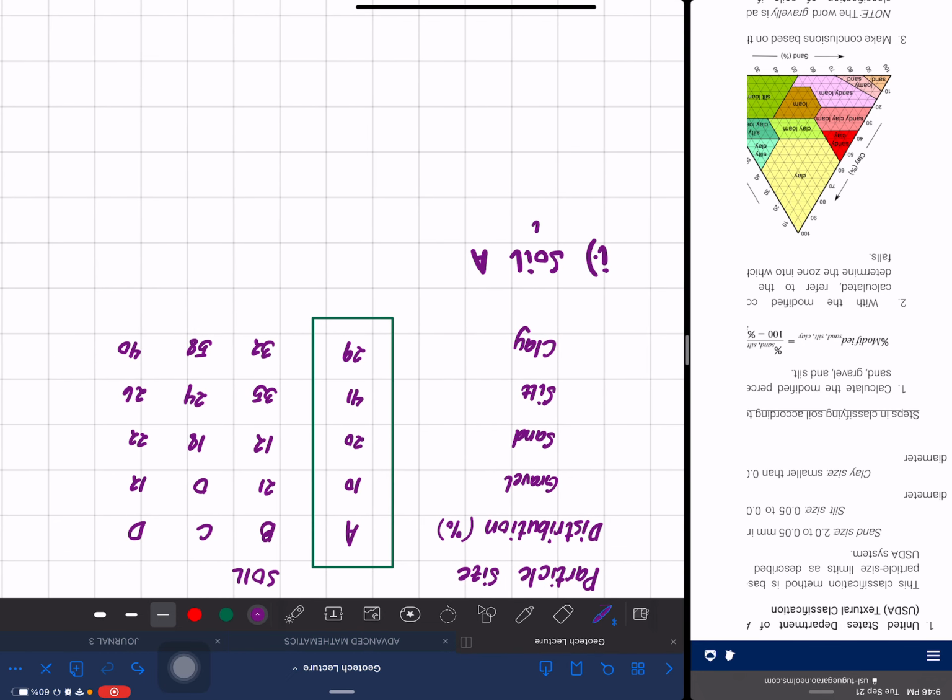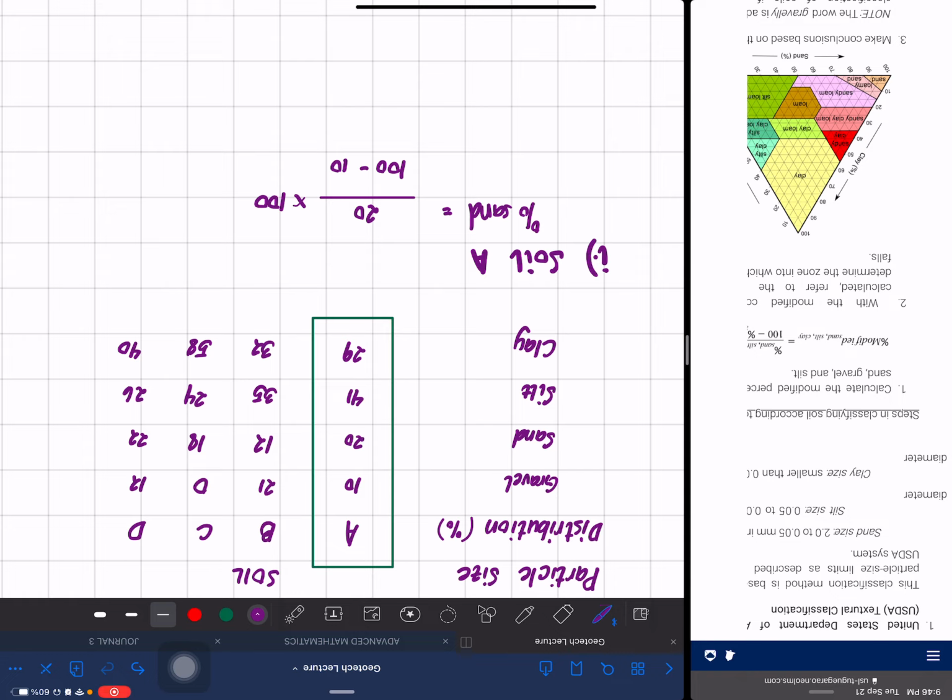That will be the first one, for the sand. This is now the modified percentage, which is equal to the percentage of the sand, which is 20, all over 100 minus the percentage of the gravel, times 100. Okay? So that is how you're going to do it.